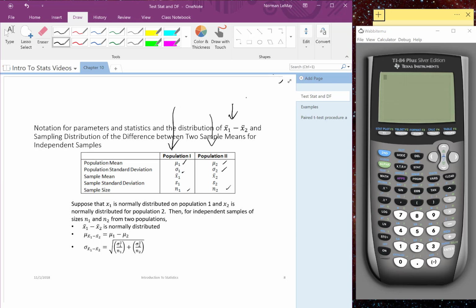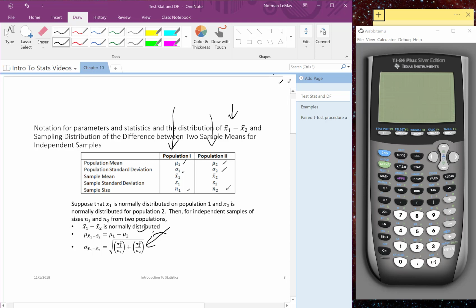Just like we had to come up with the center of the distribution, the center of the difference of two independent random variables x bar is mu1 minus mu2. Hopefully that makes sense. The weird part is the standard deviation of the difference of two normal random variables. It is not the difference of the standard deviations, but it ends up being this thing right here.